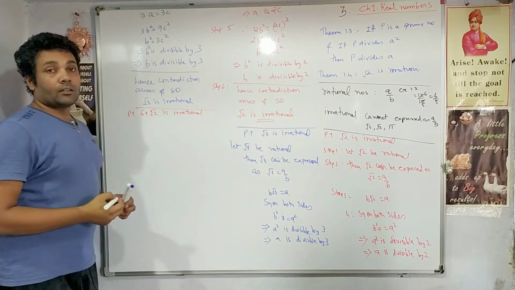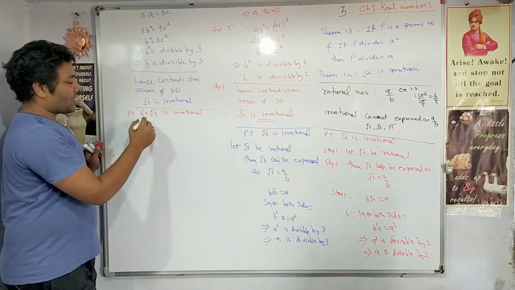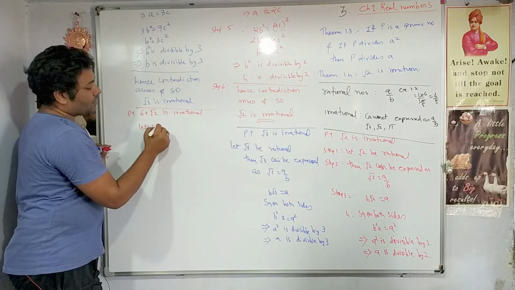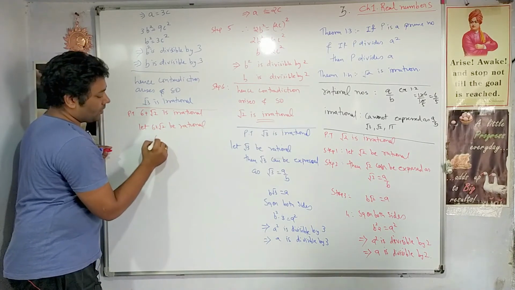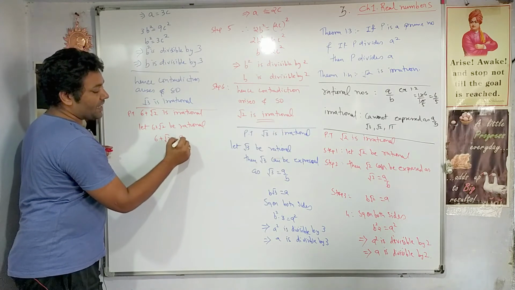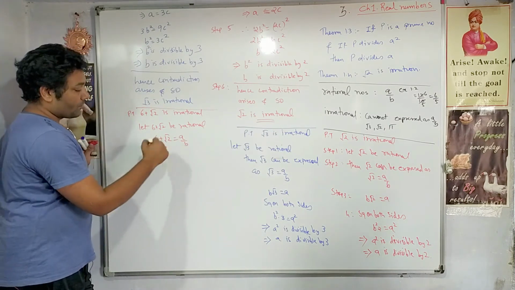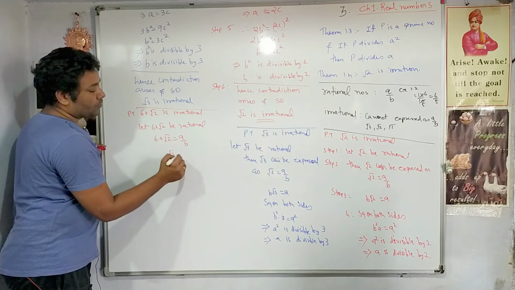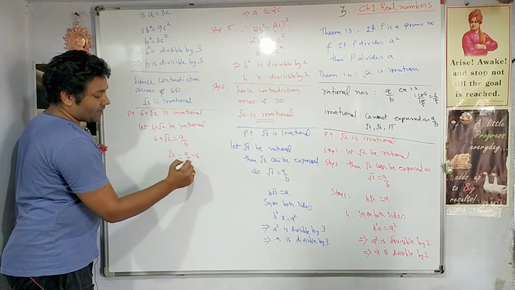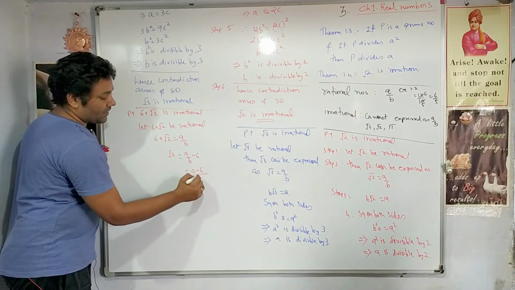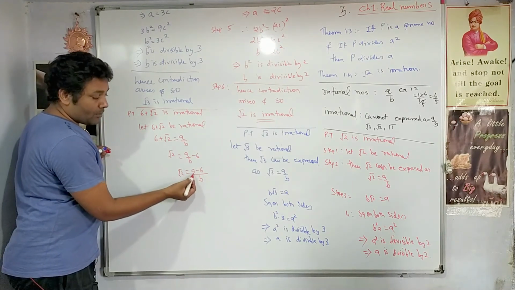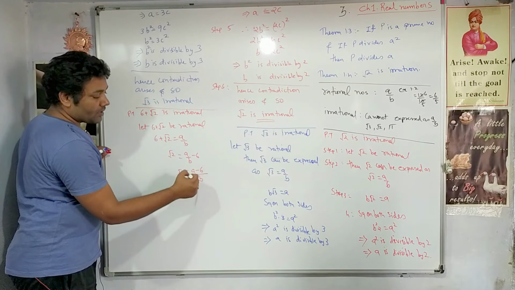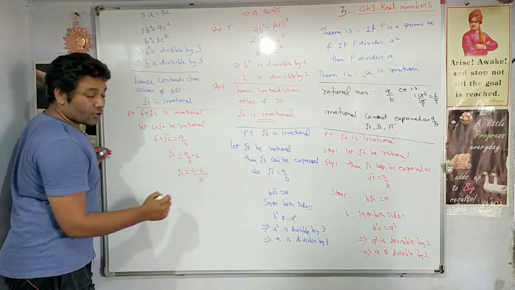So how will you prove? Again same steps. Let 6 plus root 2 be rational. If this is rational, then 6 plus root 2 can be expressed in a by b form. Now root 2 equals a by b minus 6, that is a minus 6 by b, correct? So a is some number, b is some number, so this is some rational number.